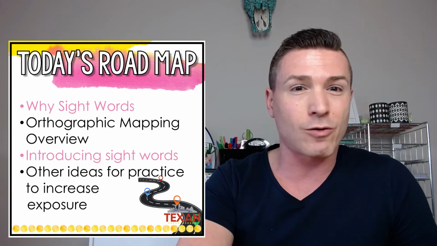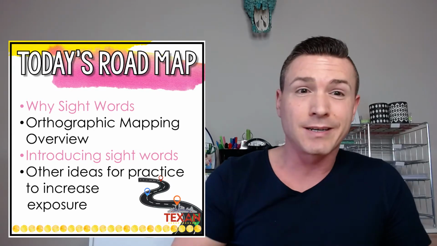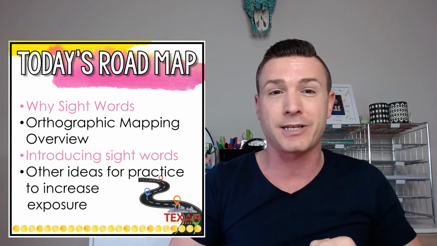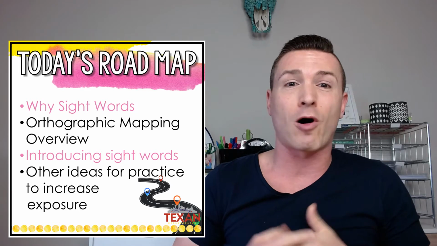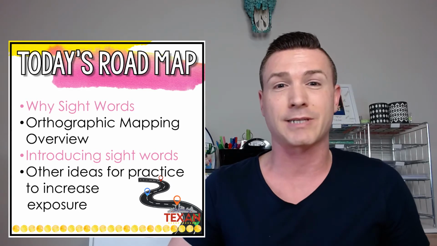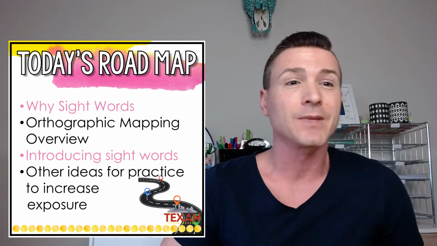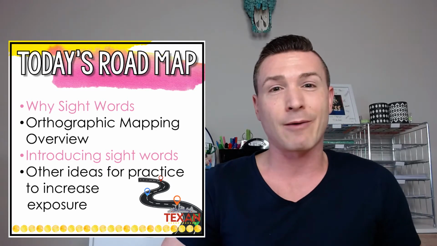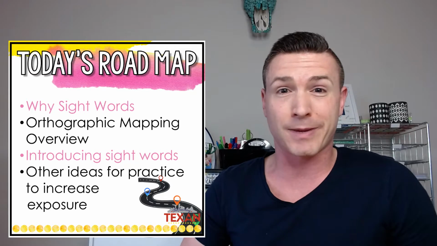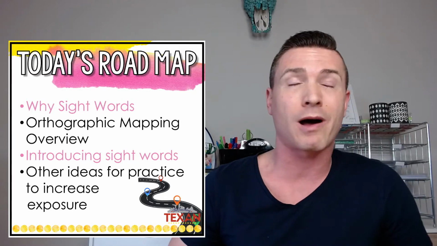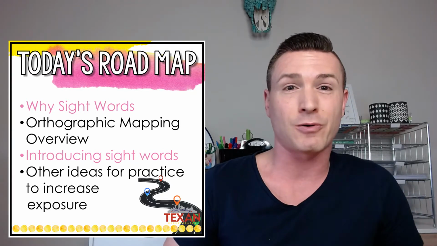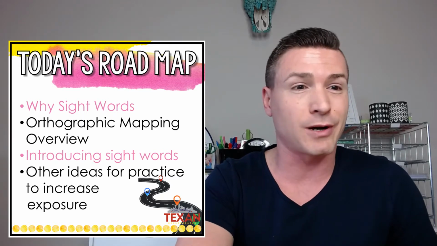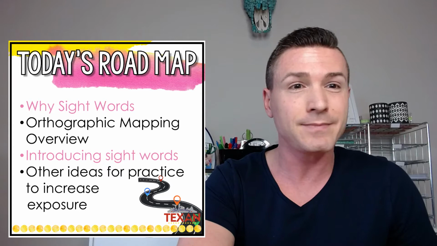Then we are going to talk about how to introduce sight words using that orthographic mapping strategy, which is really what's going to help all of our students to be able to master sight words and not just some of our students. And then we're going to talk about some other ideas for practicing sight words to help increase exposure, because we know that's one of the big things and we want for these to be committed to our students' memory. And so that's what we are going to go through today.